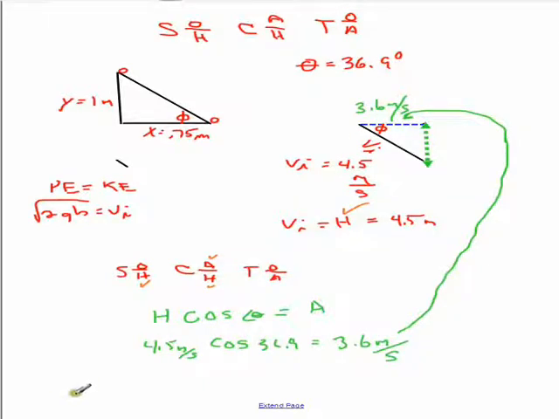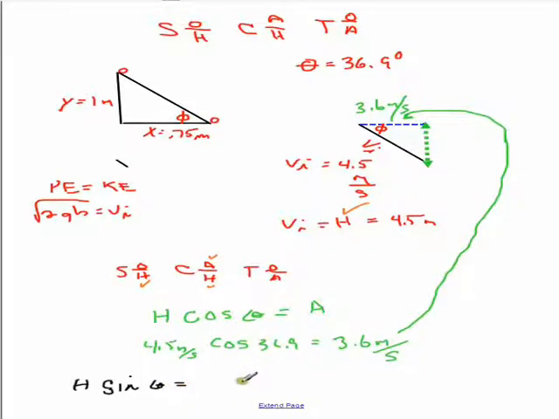And I have space to do the other one. So that means H, let's change the color. Let's do it black. H times the sine of the angle is going to be equal to the opposite.